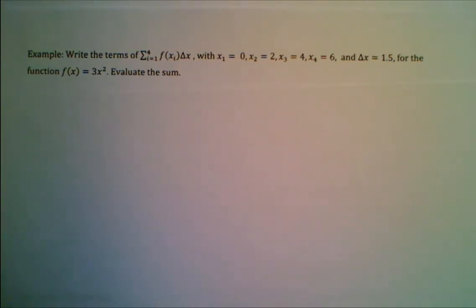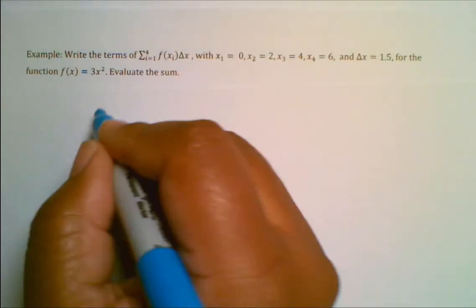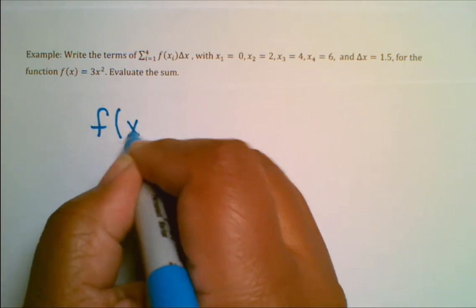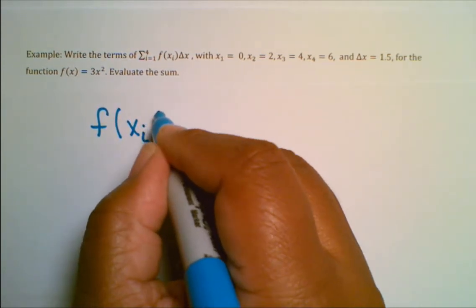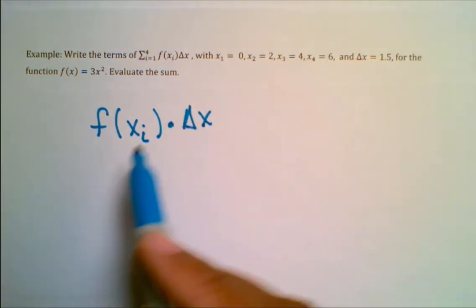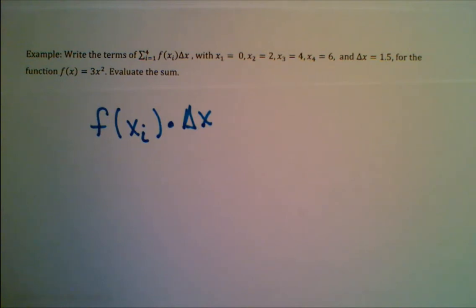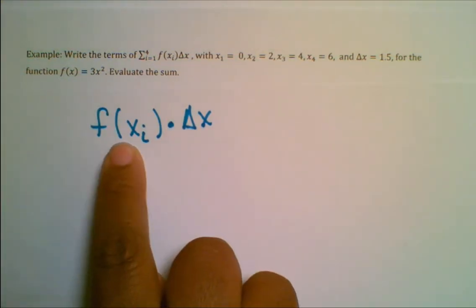So what you're saying here is, how we're looking at this expression where you have f of x of I times delta x. Well, they're telling us what f of x is. It's 3x squared.